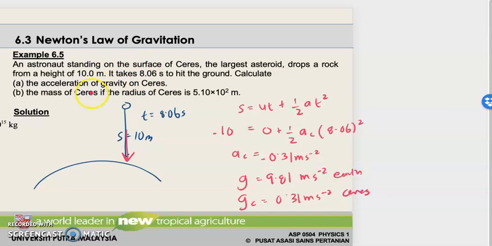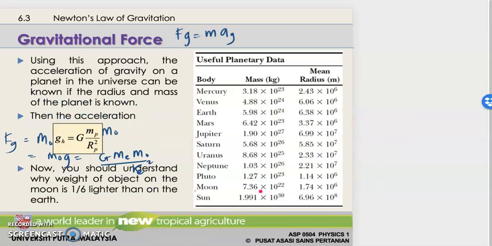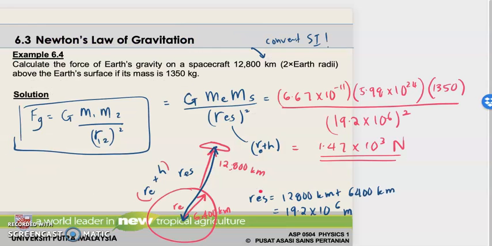Okay, so now it's asking you the mass of Ceres if the radius of Ceres is 5.1 times 10 to the 2 meter. So we know what gC, the acceleration on Ceres, is, and using the equation that we learned earlier, without the mass of object, g equals capital G mass of planet over the radius of planet squared.